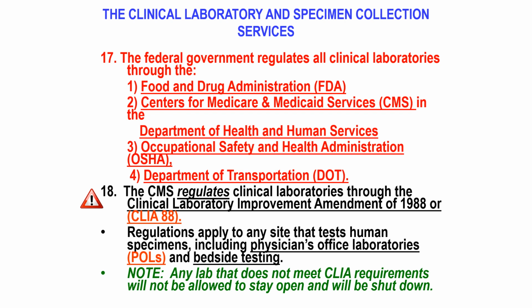They do it through the Department of Health and Human Services. They also regulate clinical laboratories through the Occupational Safety and Health Administration, which is OSHA. Remember, these abbreviations are important. We need to not only know what the Food and Drug Administration is, but we need to know that FDA is the proper abbreviation for the Food and Drug Administration.